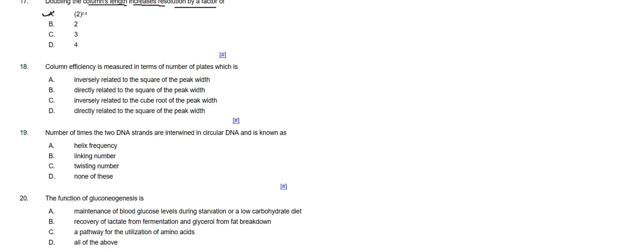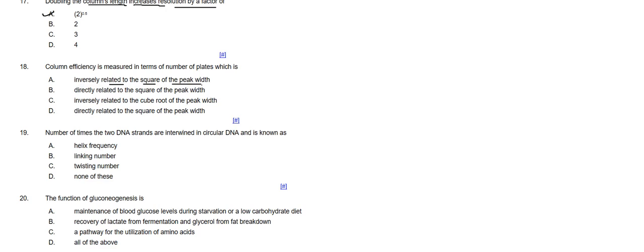Okay. Next is number 18. Column efficiency is measured in terms of number of plates, which is. So column efficiency is measured in terms of number of plates, which is inversely related to the square of the peak width.